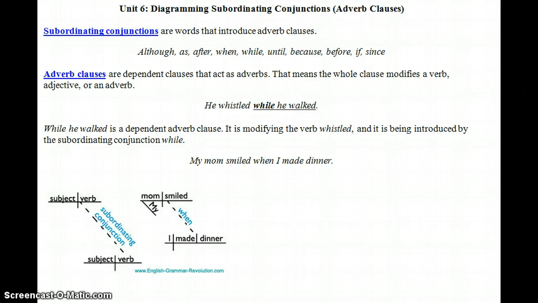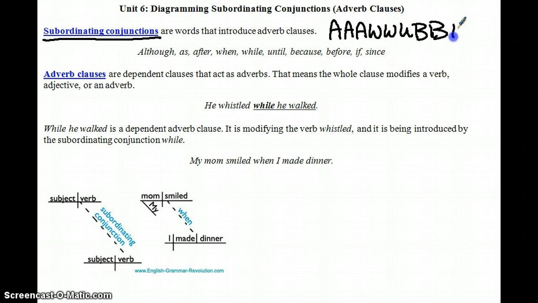How do you know which one of those clauses is subordinate? Well, it's the one that starts with a subordinating conjunction. Now, the coordinating conjunctions we learned with the acronym FANBOYS. We have another acronym for subordinating conjunctions. It's just not as convenient to remember because it's not a real word. It's a WUBIS.